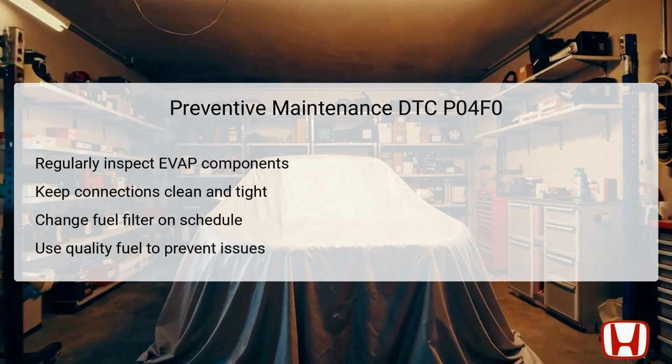Additionally, adhering to a scheduled fuel filter replacement can help ensure that contaminants do not obstruct fuel systems or cause issues in the EVAP system. Furthermore, always using high-quality fuel can prevent sediment buildup in the fuel system, which can affect evaporative components adversely. Committing to these maintenance practices will enhance system longevity and vehicle reliability.